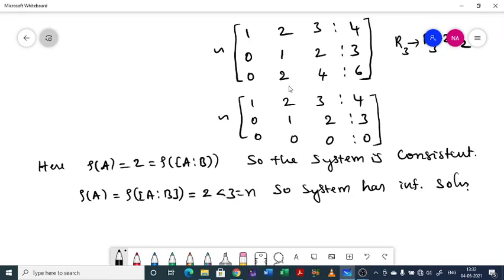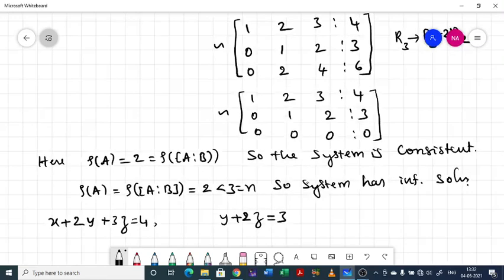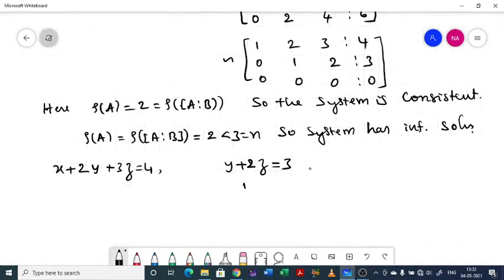So again I write the equations: x plus 2y plus 3z equal to 4, and here y plus 2z equal to 3. From this you can simplify and get y equal to 3 minus 2z and x equal to z minus 2.